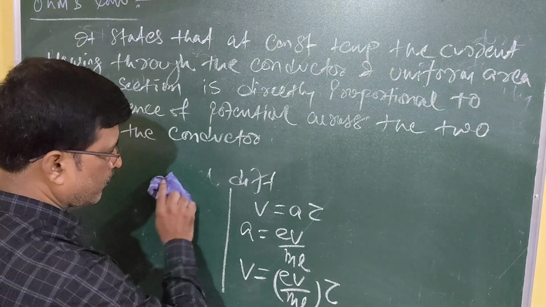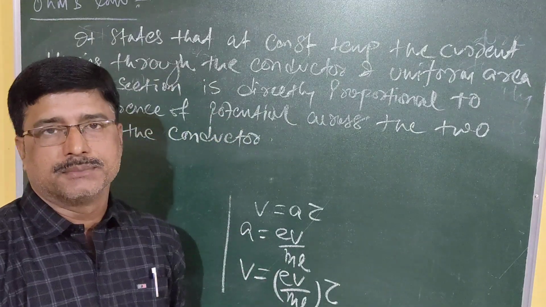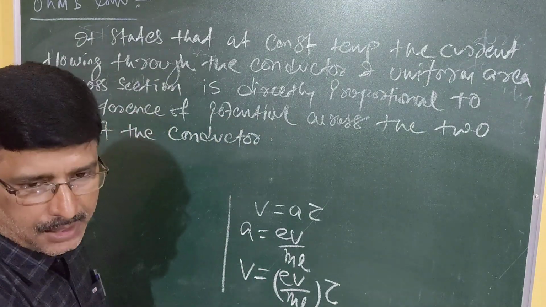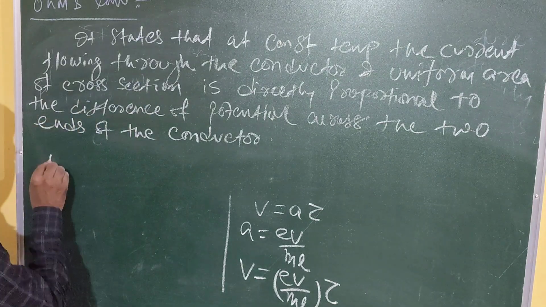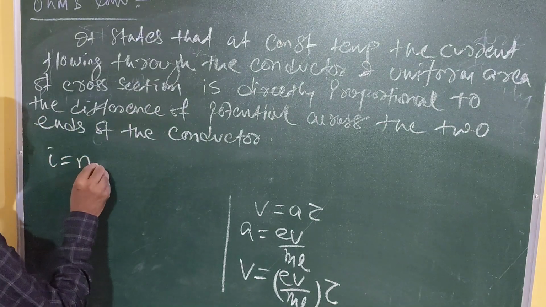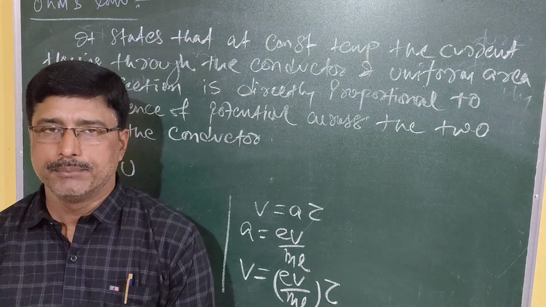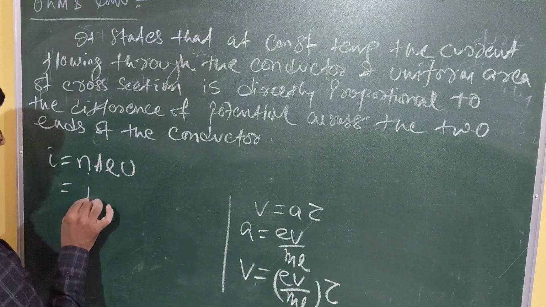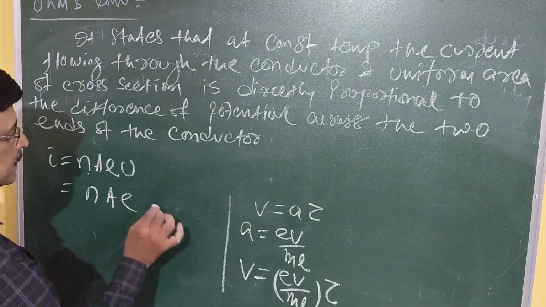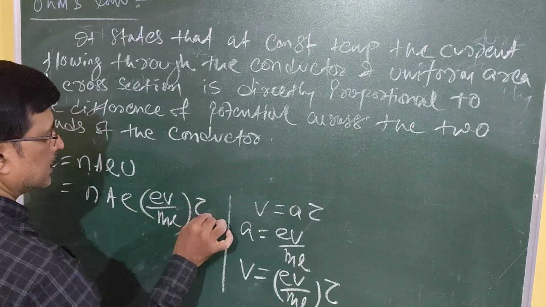And one more thing: from the relation between the drift velocity and the current, we know that I is equal to nAev. By putting this value of v here, we get nAe times eV by ml into tau.